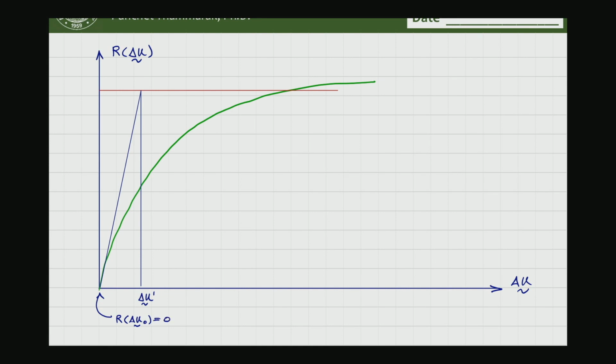Okay, so you get the K effective from this slope here, and you solve, you need to get delta U minus delta U naught, and it turns out that the value is equal to delta U1.